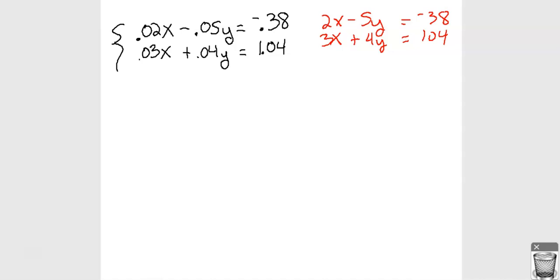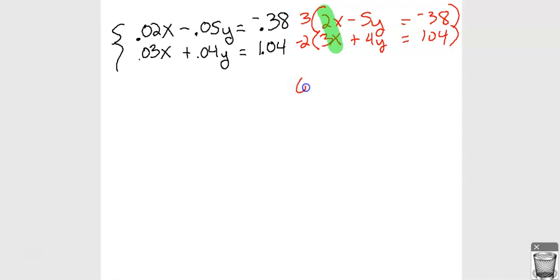I need to multiply to get them the same number, so I'm going to multiply the top equation by 3 and the bottom equation by -2. That way, the x on top will be 6x, the x on the bottom will be -6x, and they're going to cross out.